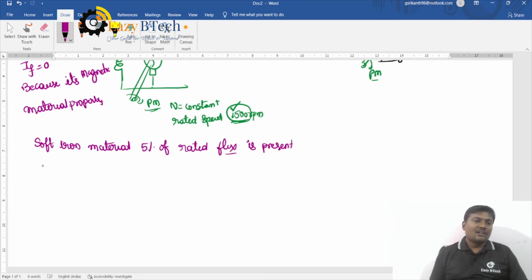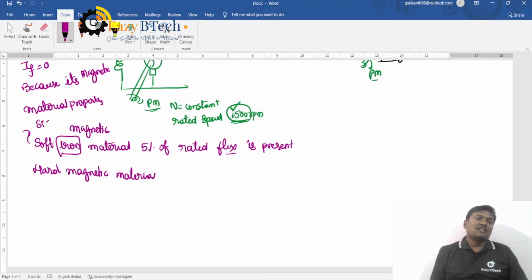If you use hard magnetic material, 30 to 40% of rated flux is present.